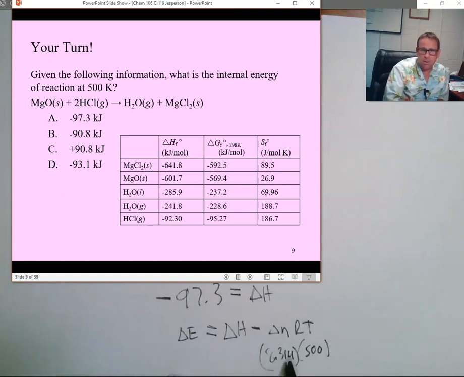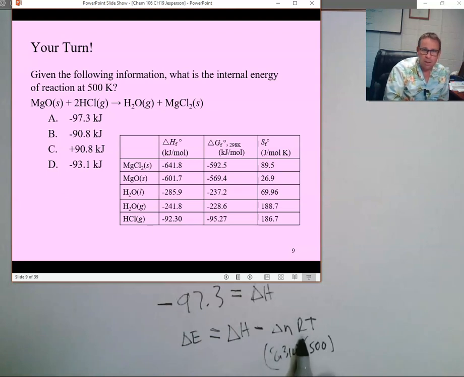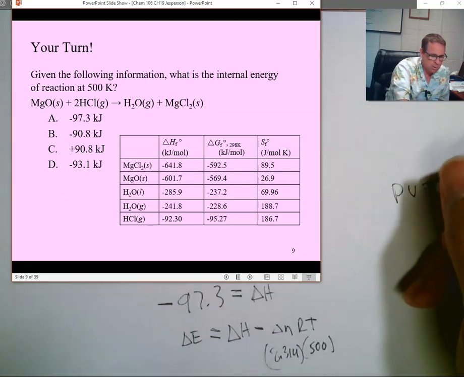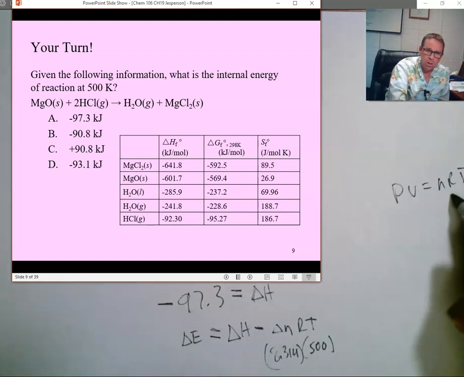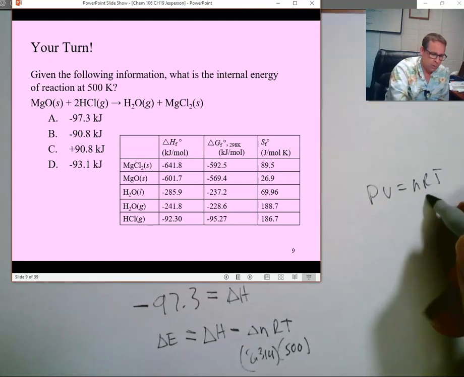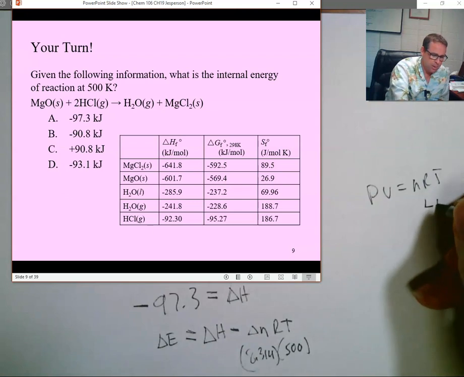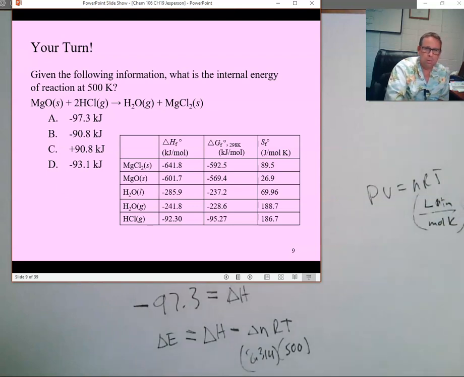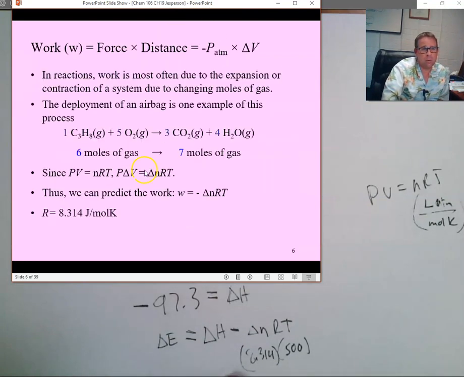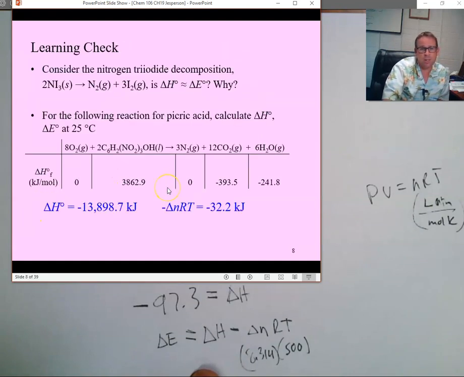That's a constant, and it's the same R value, and we use PV equals nRT, where this R here had units of liter atmospheres per mole Kelvin, right? Whereas this R here has units of joules per mole Kelvin. So they're both called R's, and they'll both be provided for you somewhere in the exam.